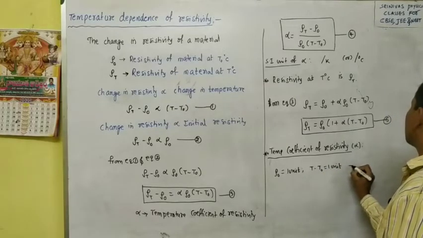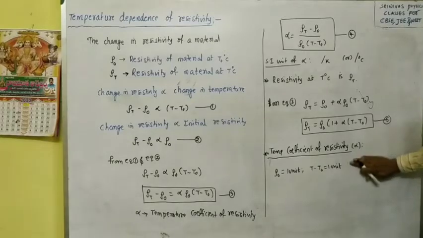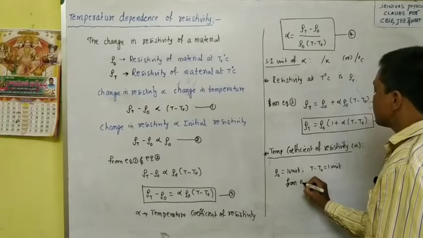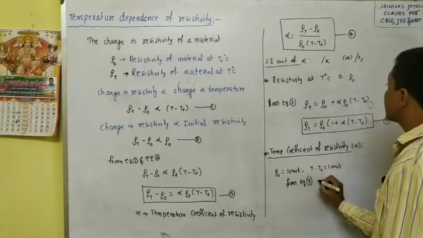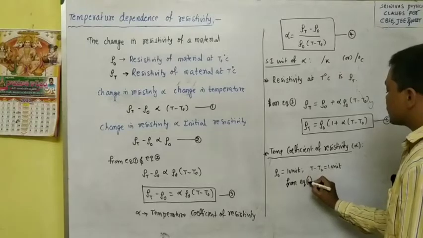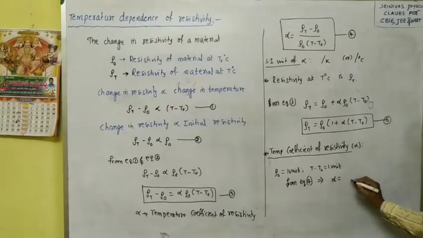At that moment, alpha is equal to what? From equation 4, we write alpha is equal to (rho T minus rho naught) by rho naught into (t minus t naught).